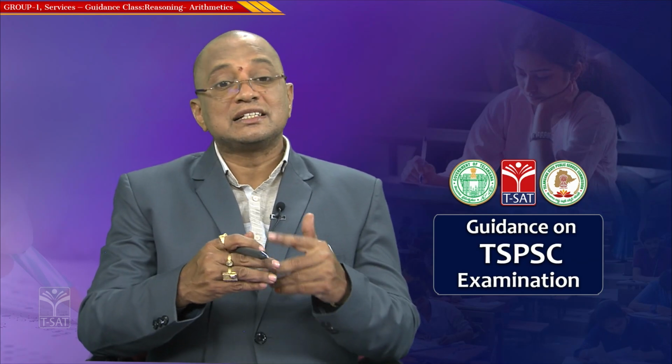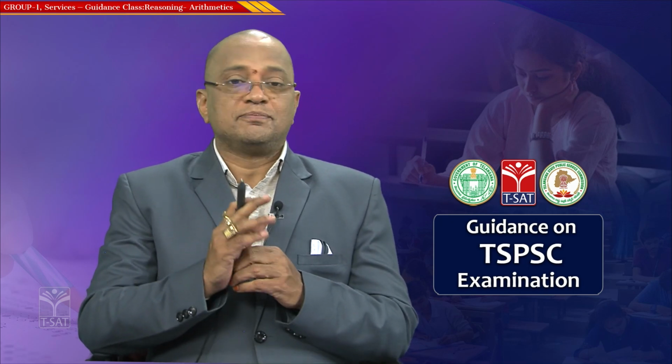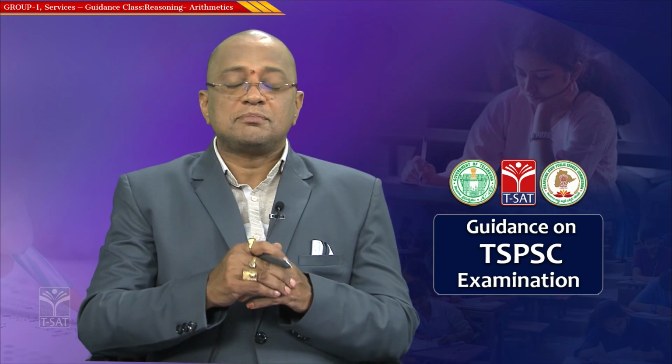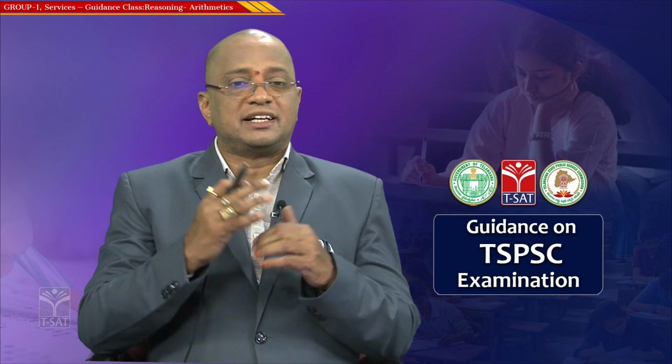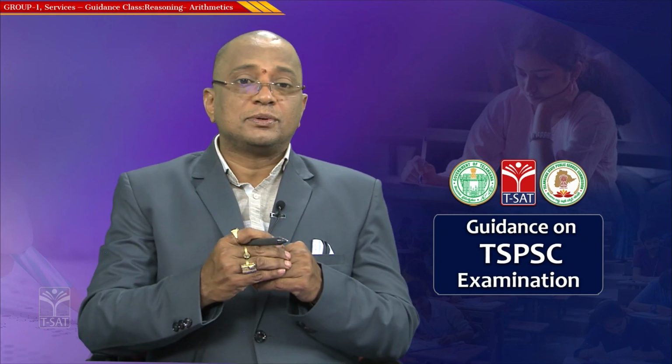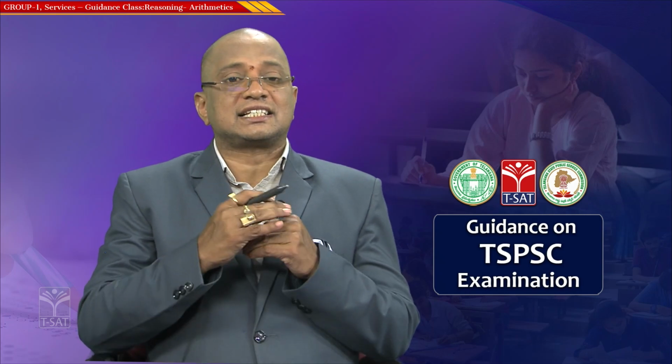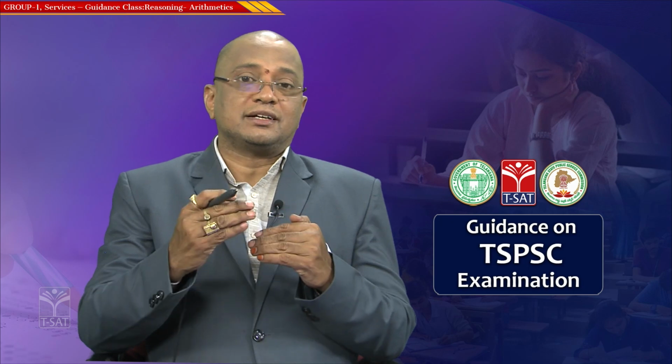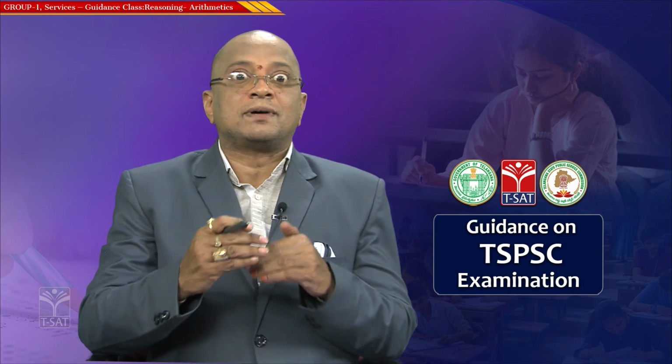This is very important. There are 2 words, one is percentage and the second one is percentile. Don't get confused. Percentage is totally different from percentile. Percentile means, for example, in an examination for 100 marks, 37 is the highest mark. If a candidate got 36, then 36 by 37 into 100 means approximately 99 percentile.